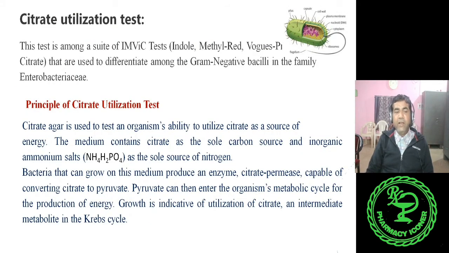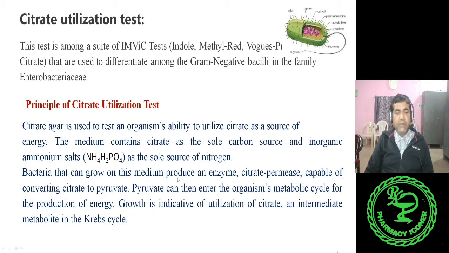Next, citrate utilization test. Citrate agar is used to test an organism's ability to utilize citrate as a source of energy. The medium contains citrate as the sole carbon source and an organic ammonium salt as the sole nitrogen source.